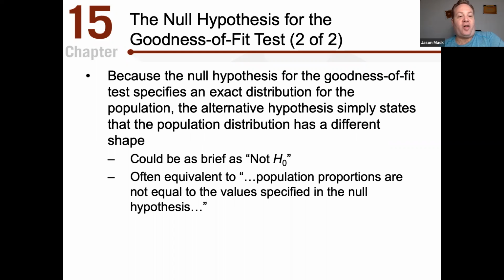Because the null hypothesis for the goodness of fit test specifies an exact distribution for the population, the alternative hypothesis simply states that the population distribution has a different shape. This could be as brief as not null hypothesis. This is often equivalent to population proportions are not equal to the values specified in the null hypothesis.